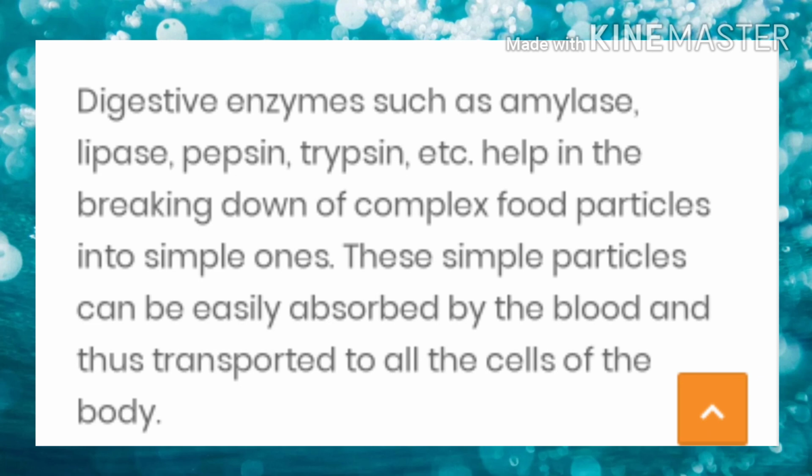So the nutrients such as carbohydrate, protein and fat can be digested using these digestive enzymes, which convert carbohydrates into simple sugars, protein into amino acids, and fat into fatty acids and glycerol. So the function of digestive enzymes is to break down the complex food particles into simpler ones.